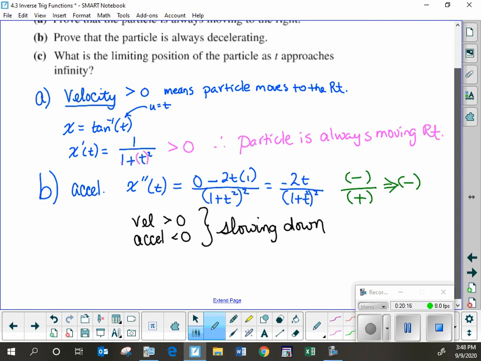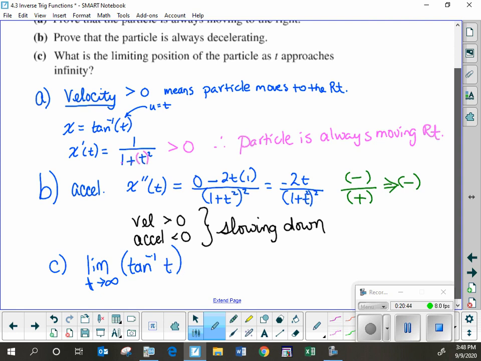Part C, what's the limiting position of the particle as t approaches infinity? So I want to head to infinity. I'm going to use a limit because that's probably my easiest mathematical notation to say that it's approaching infinity. And the position function was arctan, I like to write tan inverse of t.